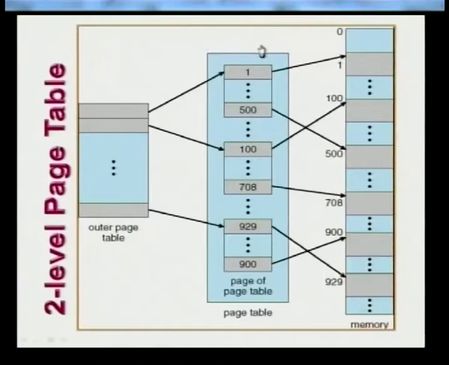The set of addresses or bits which are corresponding to the page entry in a page table is now divided into two different entries, and the higher entry corresponds to an outer page table, and from the outer page table an inner page table is identified, and every entry in the outer page table corresponds to one inner page table. And maybe if this is identified as the entry in the outer page table, the corresponding inner page table is loaded and the entries are accessed. This is how a two-level paging scheme works.